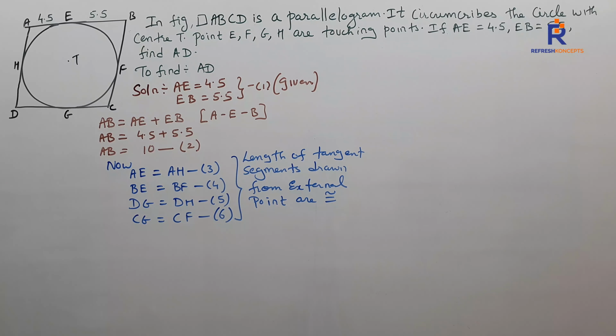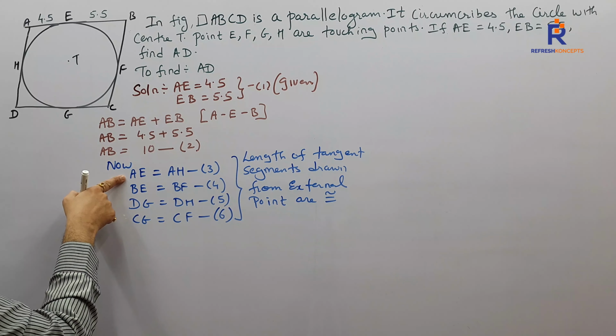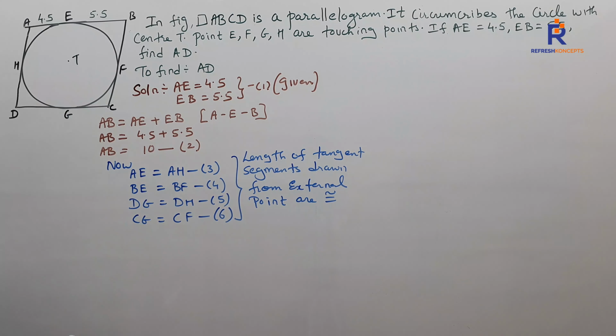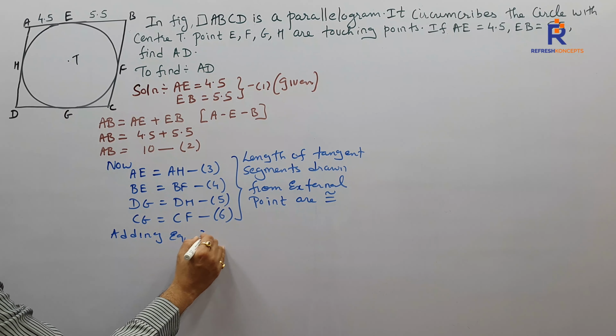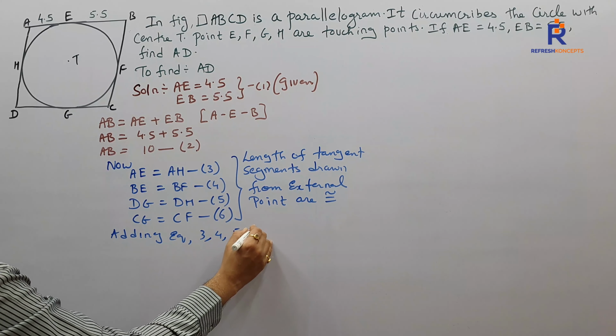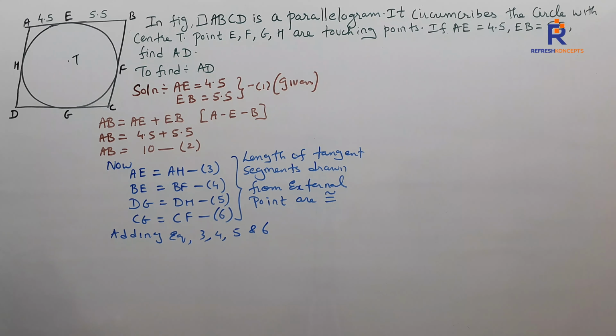Right? Thereafter, what am I going to say? If I add 3, 4, 5 and 6, will I get something? So let's add 3, 4, 5 and 6. Adding equations 3, 4, 5 and 6.